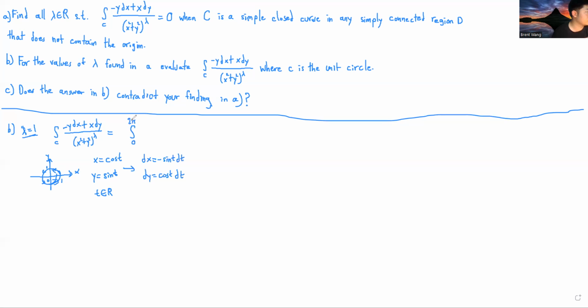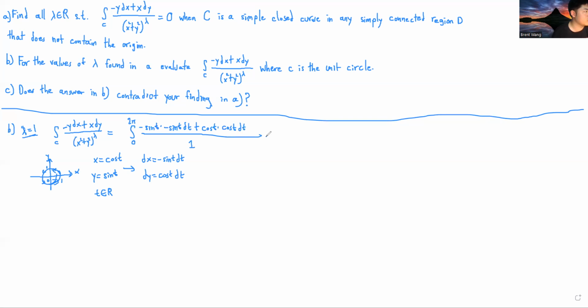So t equals 0 to 2 pi. Negative y, negative sine t, times negative sine t dt, plus x, which is cos t, times cos t dt, over x squared plus y squared, which is just 1, because sine squared t plus cos squared t is equal to 1.